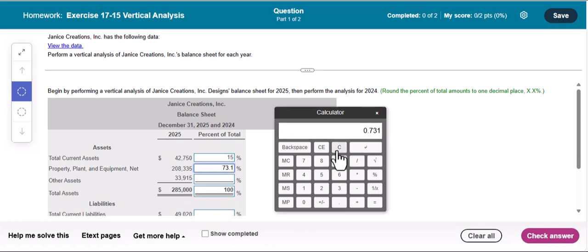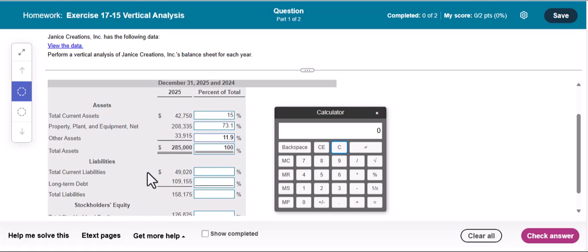Let's go ahead and then go to other assets. That's 33,915 divided by total assets again, 285,000, and that's going to give us 11.9%. So let's go ahead and enter that in. 11.9%.